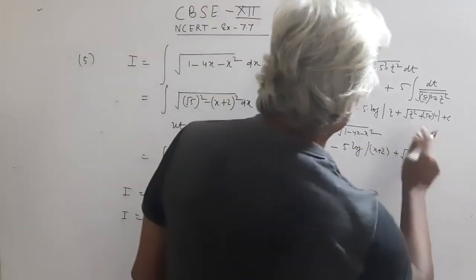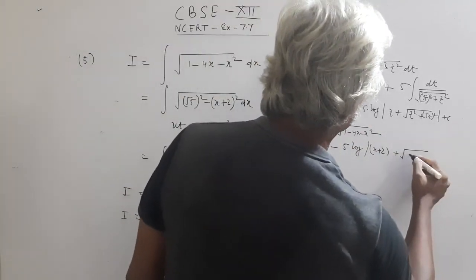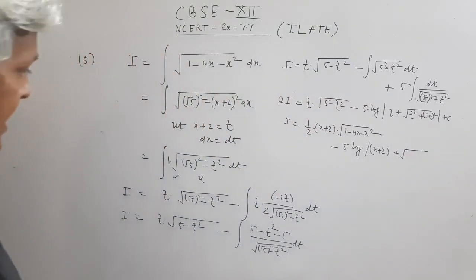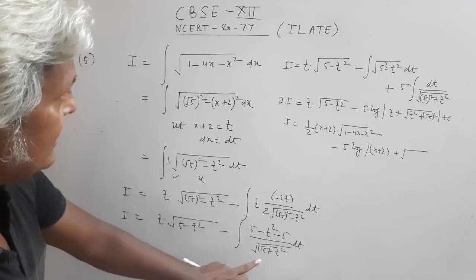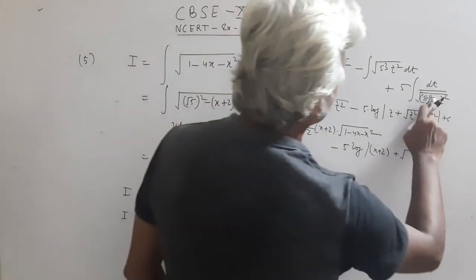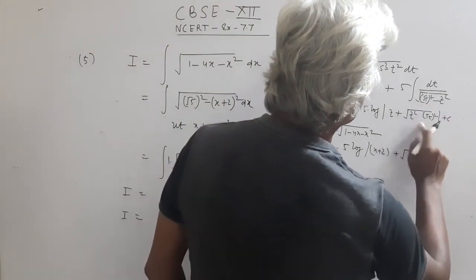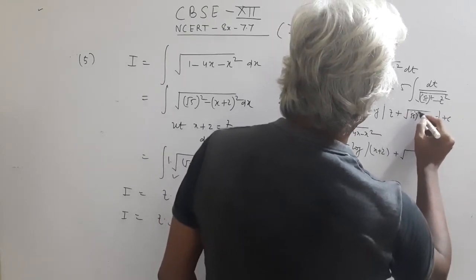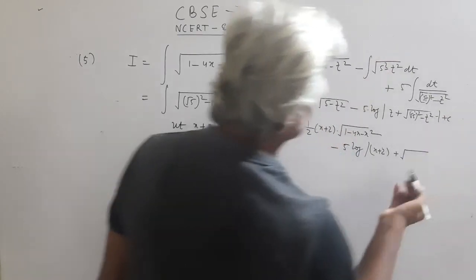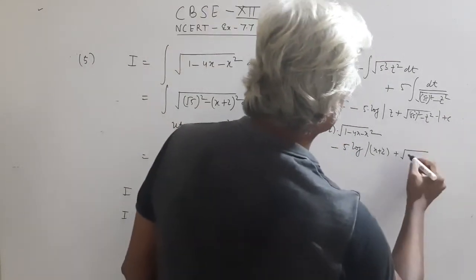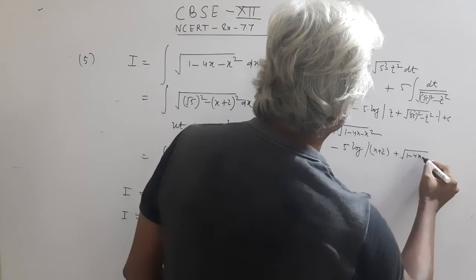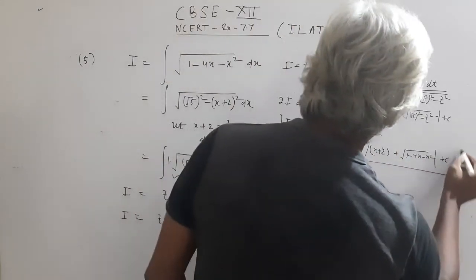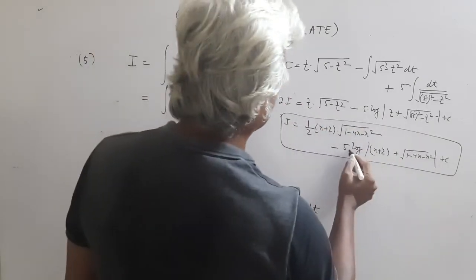Again I think I have made one mistake. This is 5 minus t square, so this will be written as root 5 minus t square. Yes, so done. So this is 5 minus t square, that is 1 minus 4x minus x square plus c. This is the answer. Sometimes the 5 by 2 also, this 2 goes there, this makes 1 by 2, 5 by 2.